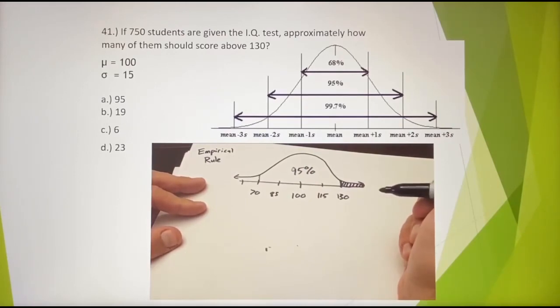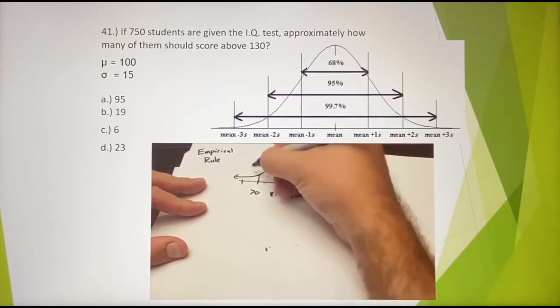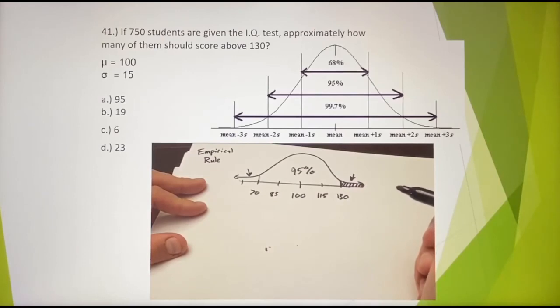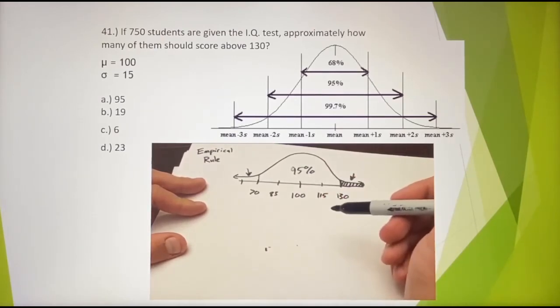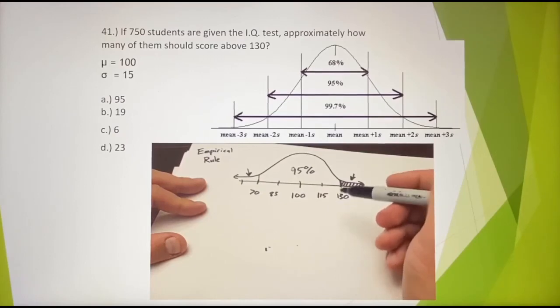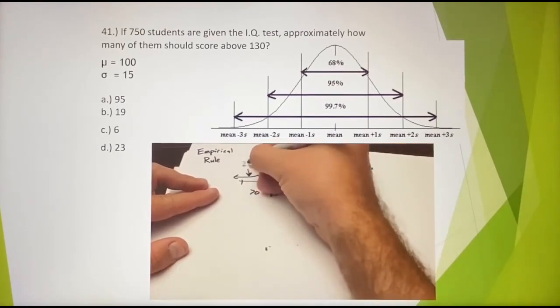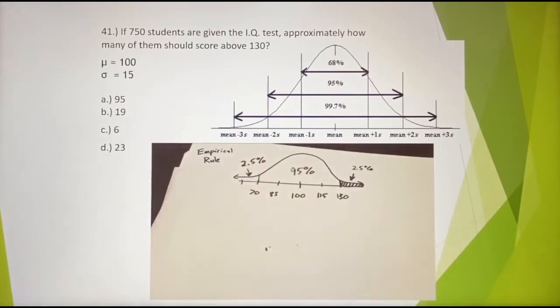And because the bell curve is symmetric, I know that this area here plus that area there will give us the remaining 5%. And since they're equal to each other, then we know that up here we have 2.5%, and similarly we have 2.5% on the left.